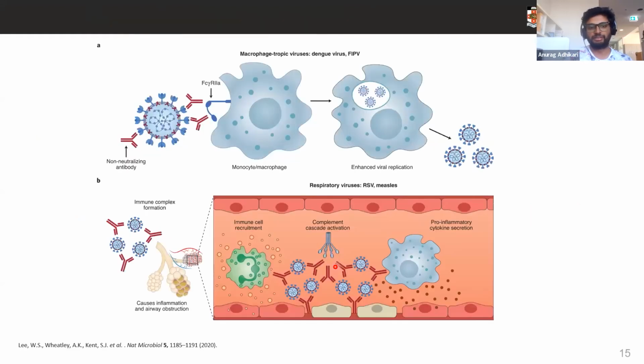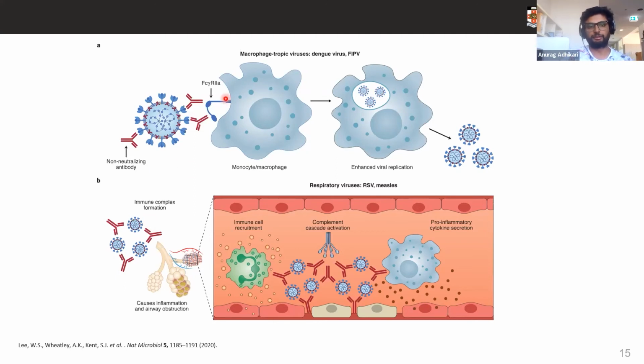So based on this whole scenario, this is a very preliminary data that I'm going to present to you. Based on this, what we propose is two different outcomes made by antibody-mediated functions.